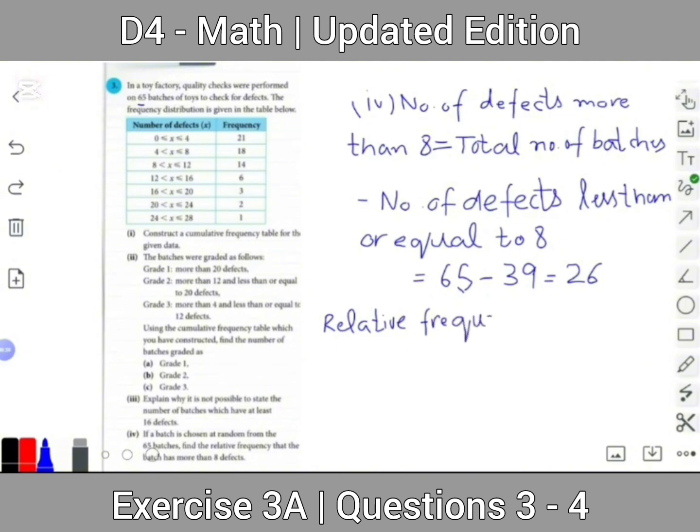So the number of occurrences is 26 and the total number of trials, or the total number of batches, is 65. So here we have 26 over 65. Now with the table of 13, 13 times 2 is 26 and 13 times 5 is 65, so 2 over 5. So the relative frequency that the batch has more than 8 defects is equal to 2 over 5.